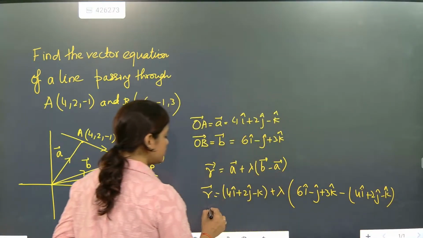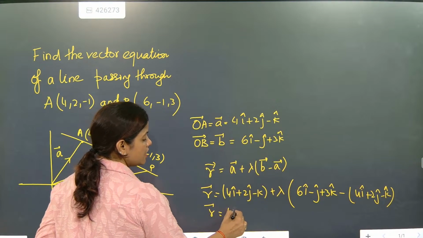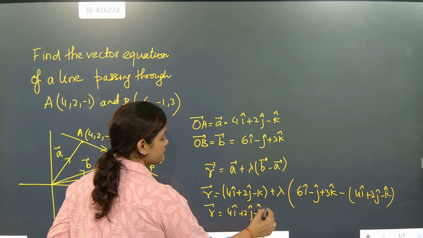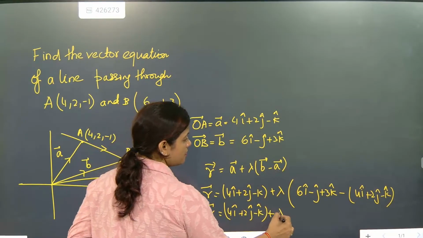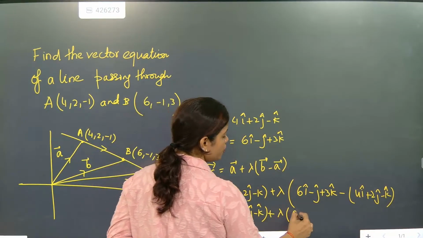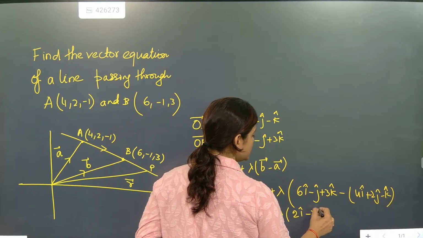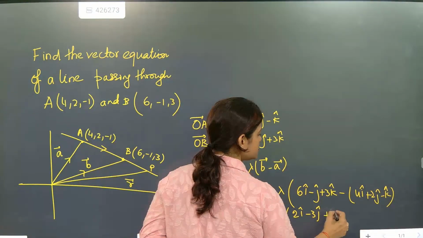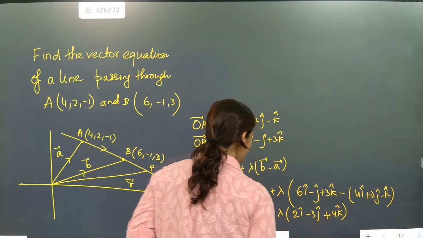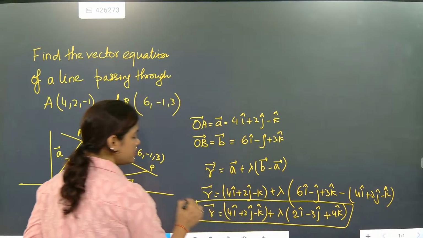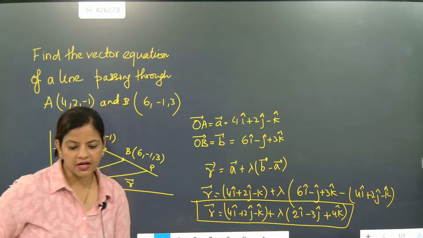Now you need to subtract because they asked only for the vector. So 4i plus 2j minus k plus lambda times (2i minus 3j plus 4k). This will become the answer. This is the vector answer. So this is exactly the way.